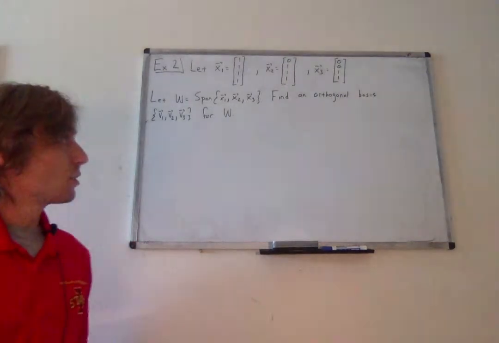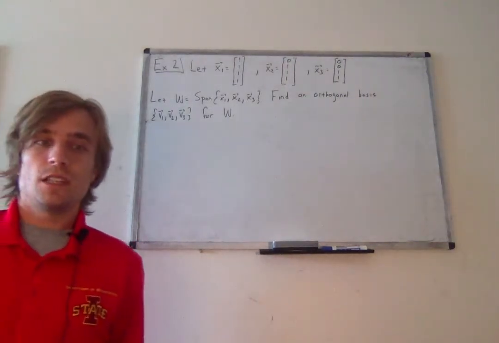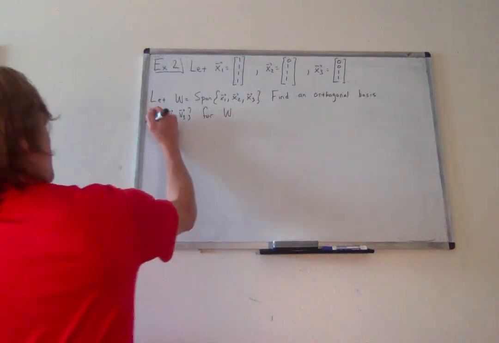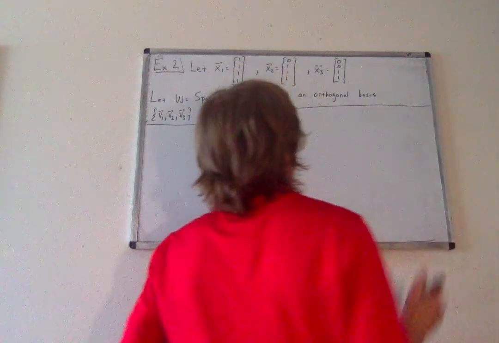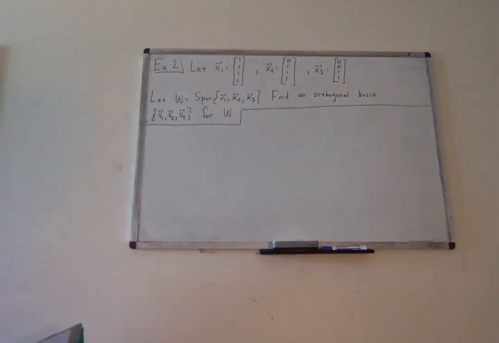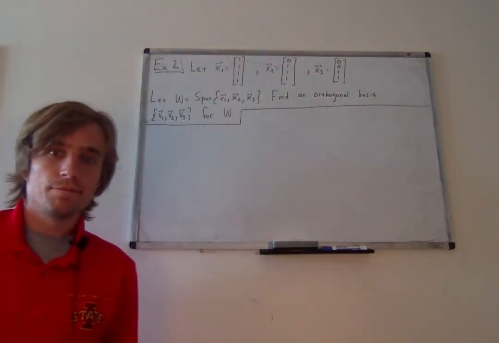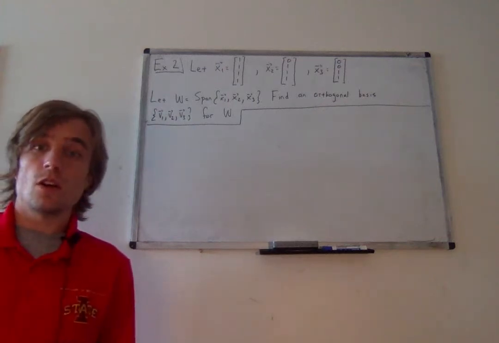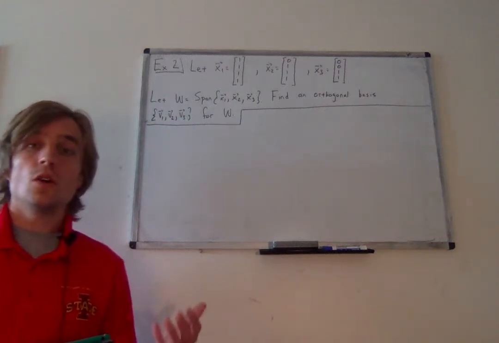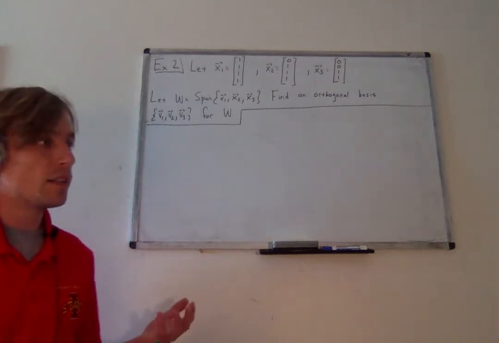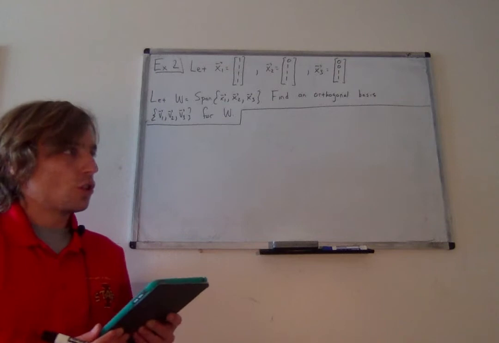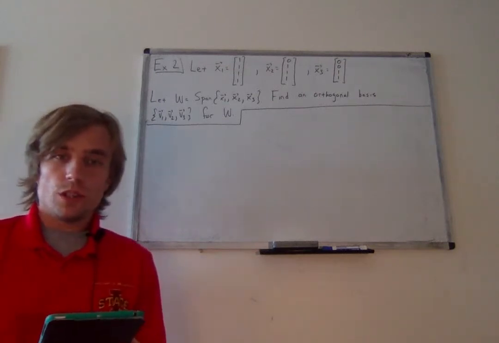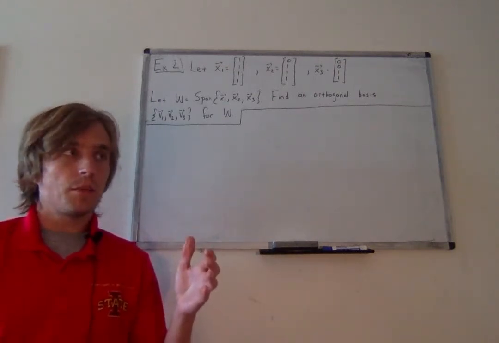All right, so let's jump into it. So again, we've started off with these three vectors that are not orthogonal. We want to find three vectors that are orthogonal that we know will span the same set as our original three vectors. So basically the way we're going to do this is we're going to take it one vector at a time.